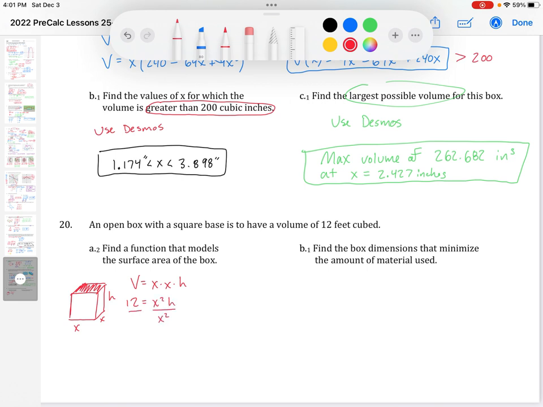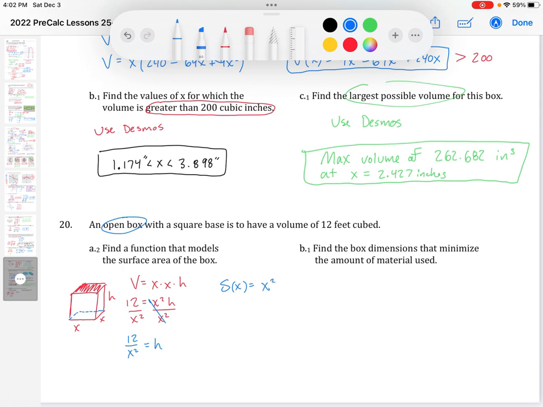So I'm going to solve this for h to get that in terms of x. So these cancel. And now I have 12 divided by x squared is my height. So now I can figure out my surface area in terms of x because I have those dimensions all in terms of x. So if I think of this bottom part here, that's just an x by x square. And I only have the bottom because this top is open.